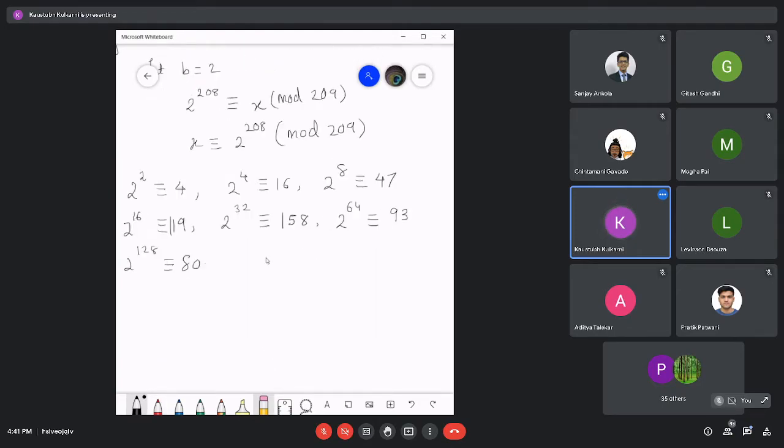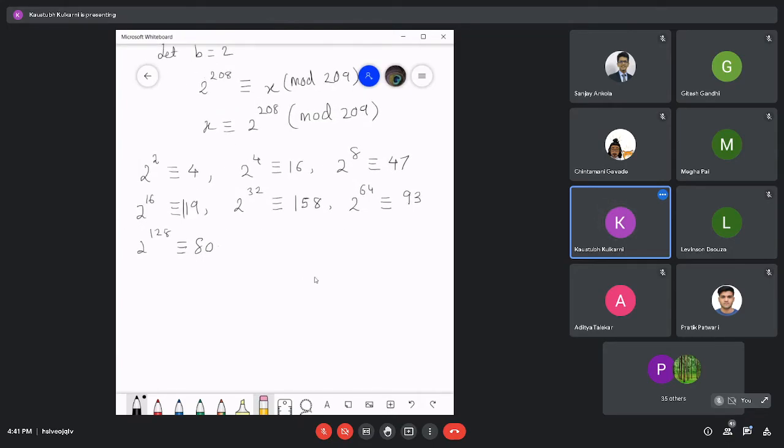Now 2 raised to 208 can be written as 2 raised to 128 into 2 raised to 64 into 2 raised to 16.